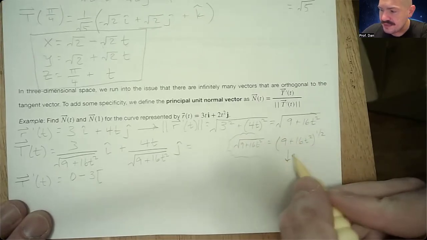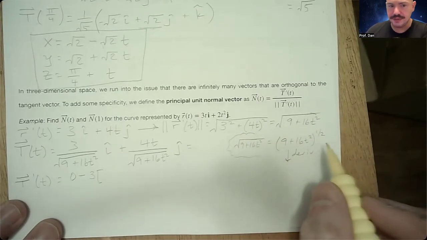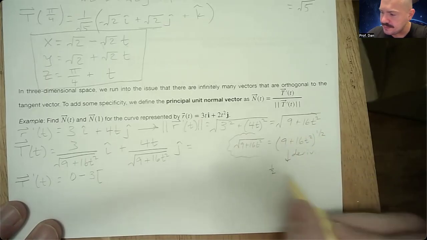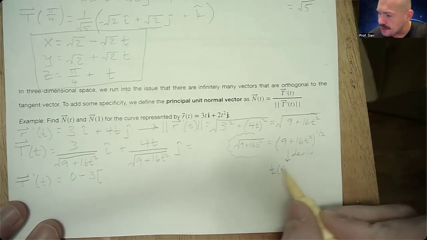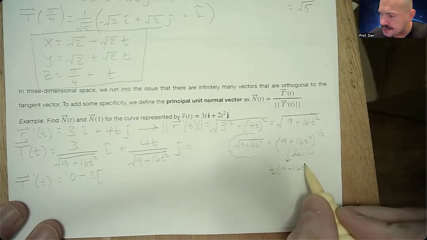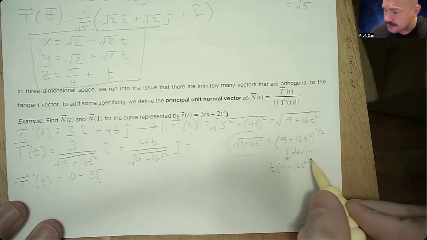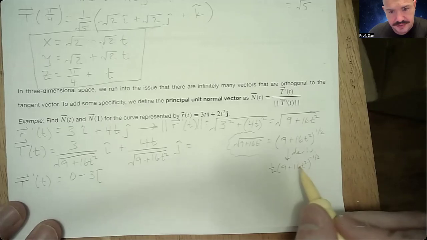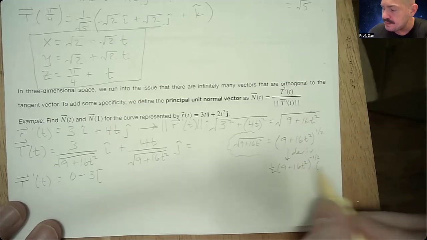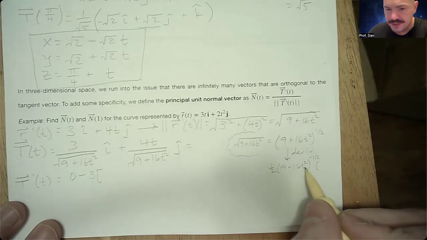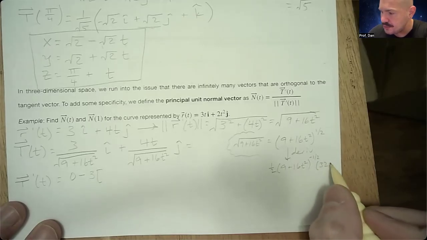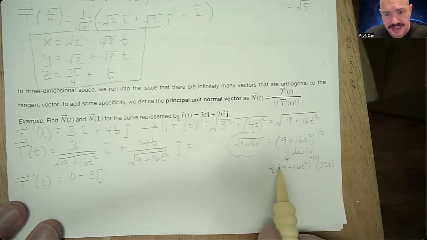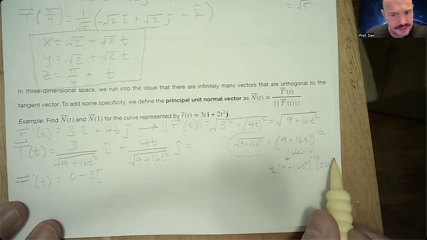So if I take the derivative, we can do that with our chain rule. So I bring the 1/2 down. Inside does not change. Subtract 1 from the power. And then because that's not just a t, we have to multiply by its derivative. Derivative of 9 is 0. Derivative of 16t squared is 32t. Now, if I multiply this 32 with this 1/2, which I can do because this is not raised to a power, right?